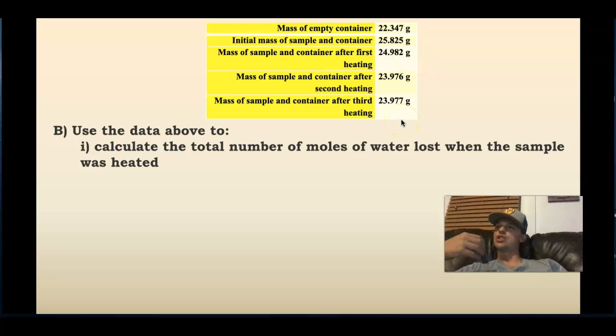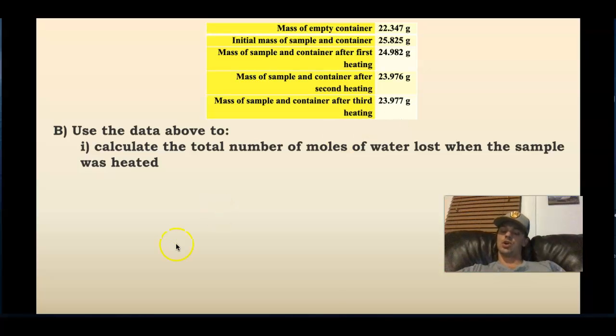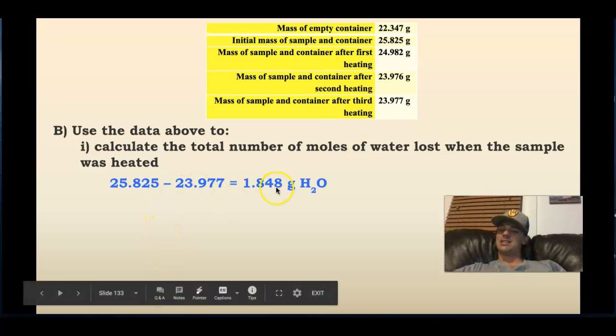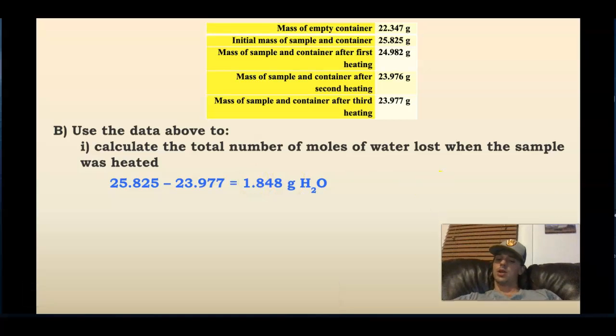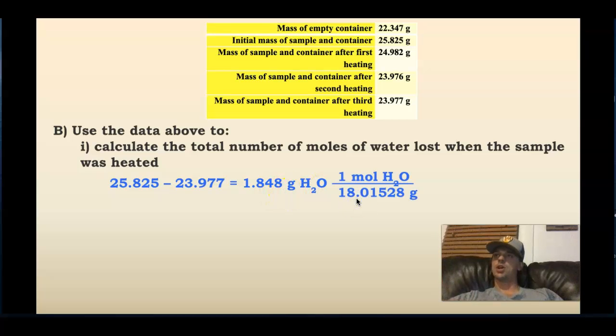That's why I'm heating it. So I can figure out the mass that I lost there, and that mass is water. The question asks me to calculate the number of moles of water. Well, I just calculated the mass of water. Can I turn that to moles? Yes, using the molar mass, using molar conversions, which we've been using.